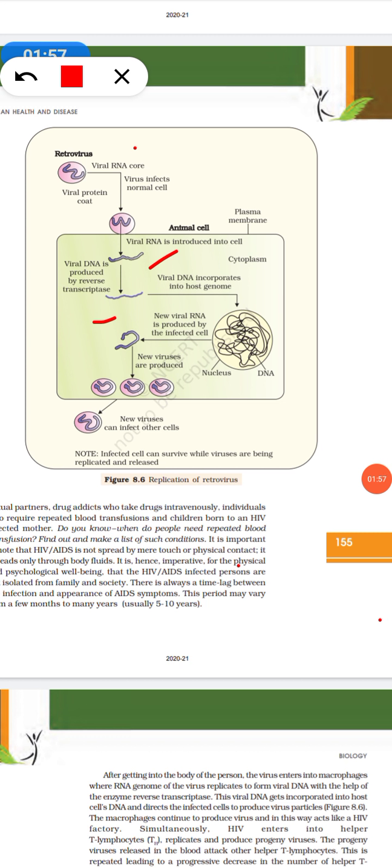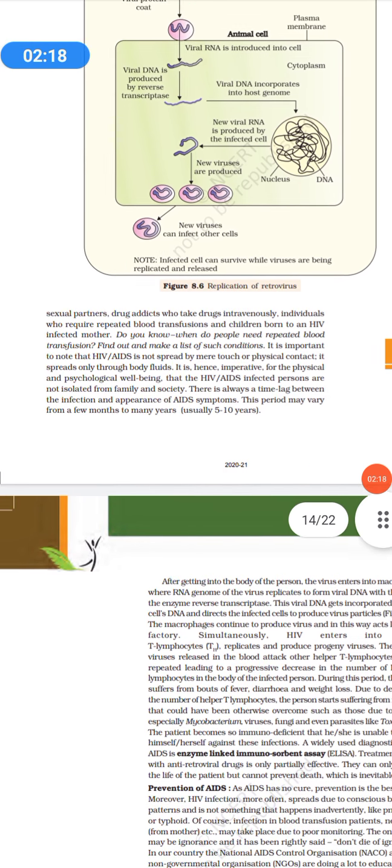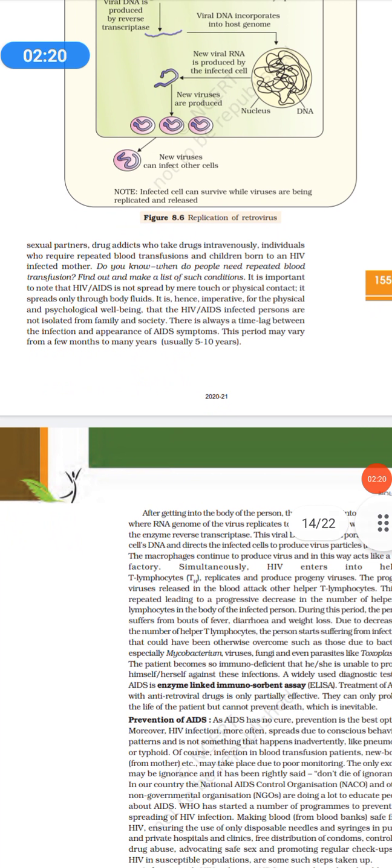This viral DNA will incorporate into the host genome, and new virus will get produced. And then the person is getting infected. This is how one gets HIV.